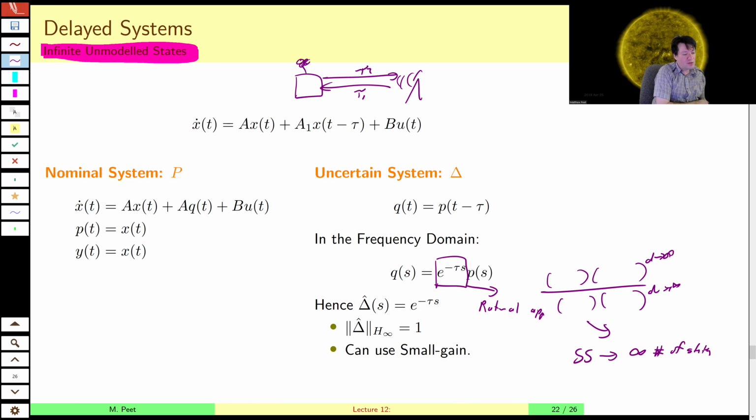Again, we're concentrating on the LFT, and so specifically for the delay, what one can do is take that delay and put it in a channel. So if we're talking about the LFT, we have our nominal system, P. We have our uncertainty, where we'll put in that e to the negative tau s transfer function.